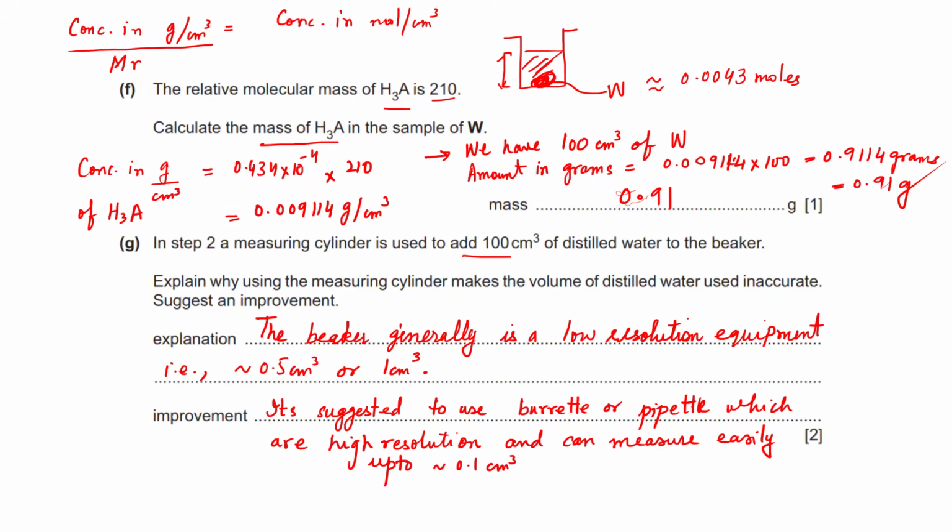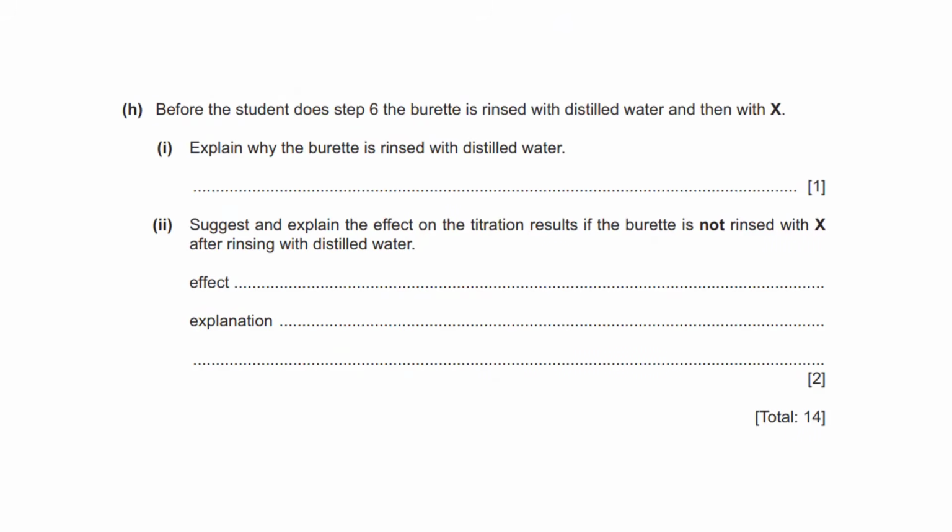Okay, so moving ahead, part H, it says that before the student does step 6, the burette is rinsed with distilled water and then with X. Explain why the burette is rinsed with distilled water. So basically, distilled water, when we use it to rinse, removes any impurities, and that is why we generally go with it.